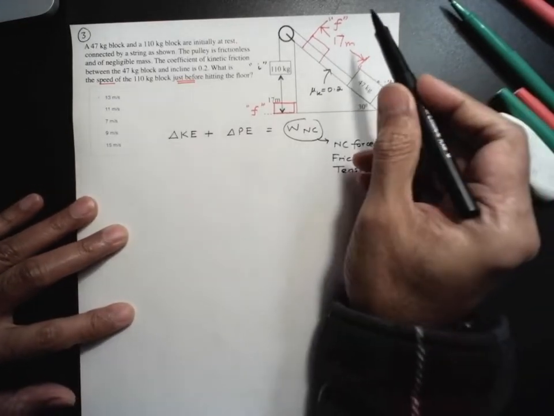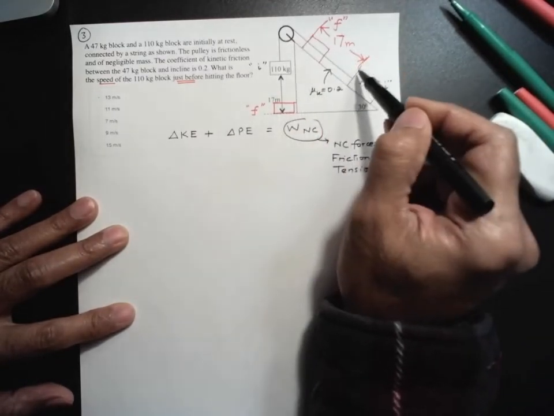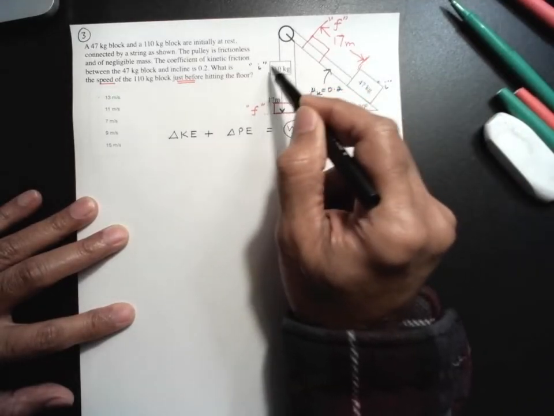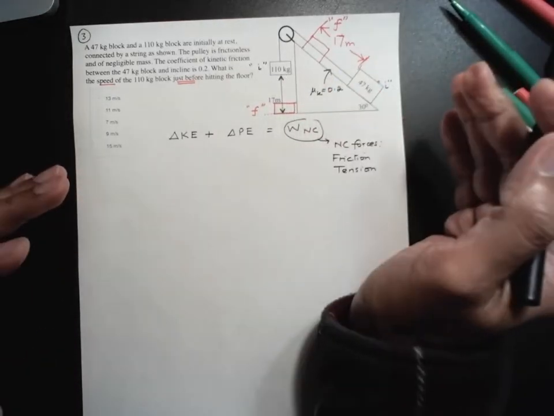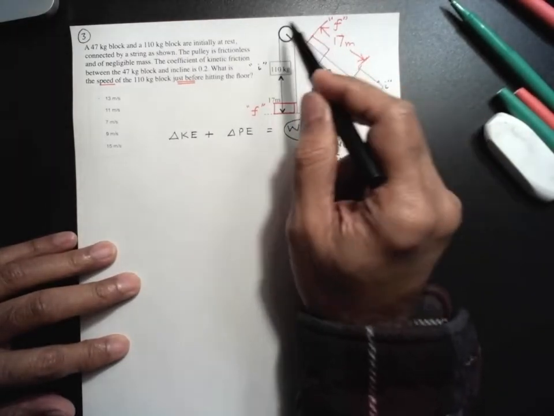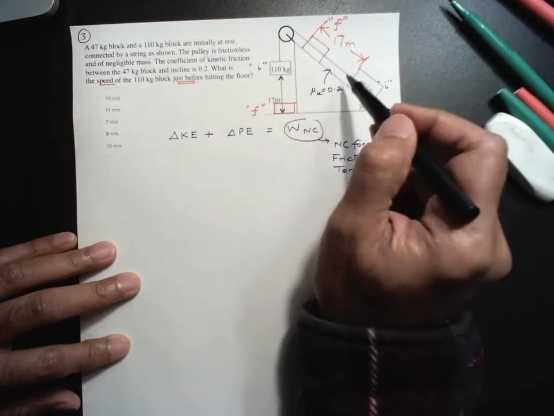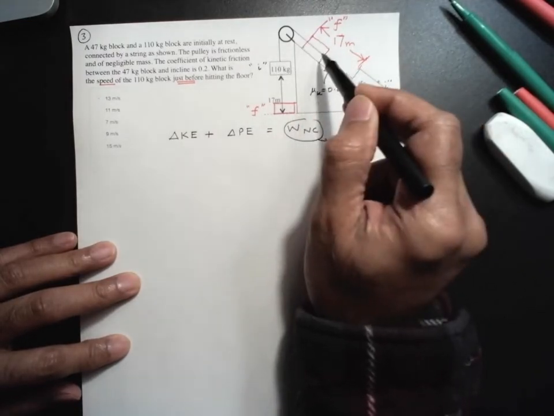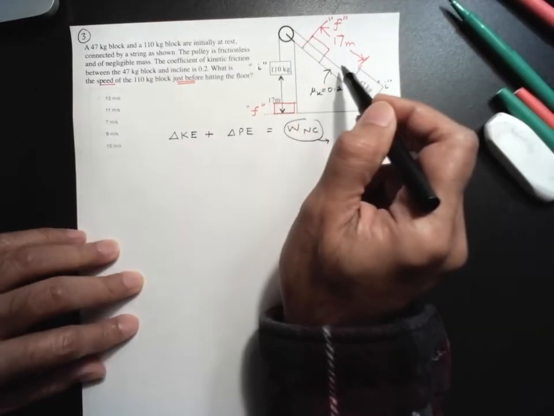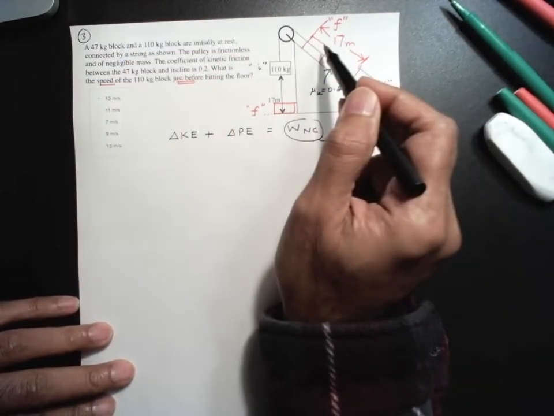But we're considering the system to be the two-block system. We're not looking at one block alone by itself and then another block by itself. We're not considering them separately. We're looking at the entire system. So the tension force is actually an internal force. They cancel each other out. There's tension pulling up on this, and then there's tension also acting on this, and both those tension forces are acting upward, and they're canceling each other out.